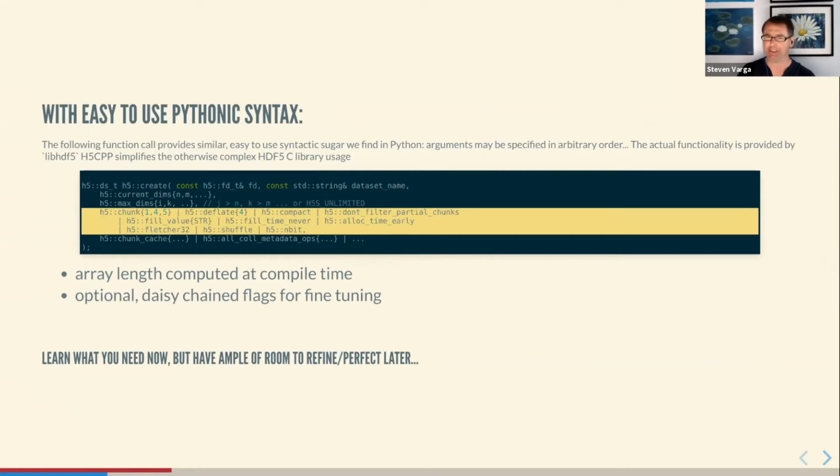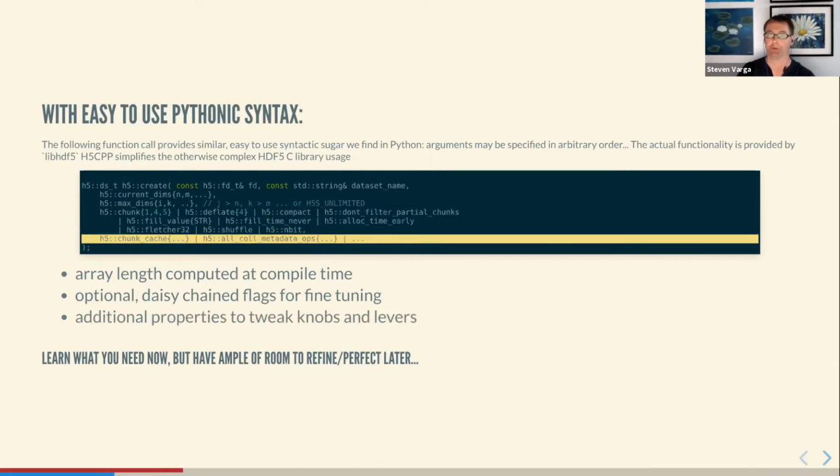And there is a daisy chain mechanism for flags or property lists. Of course, in arbitrary order, they do the right thing, whatever you intuitively meant them to do. Similarly, there are some knobs and levers, that's all of them, that whatever the underlying HDF5 system provides is available to you.